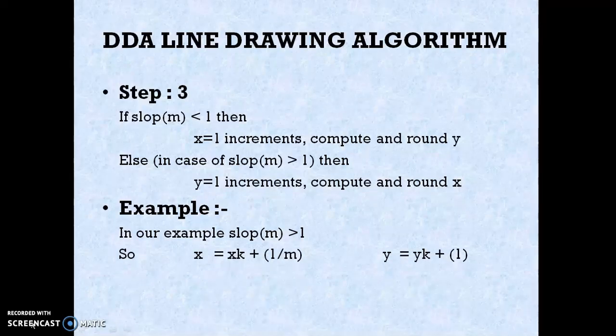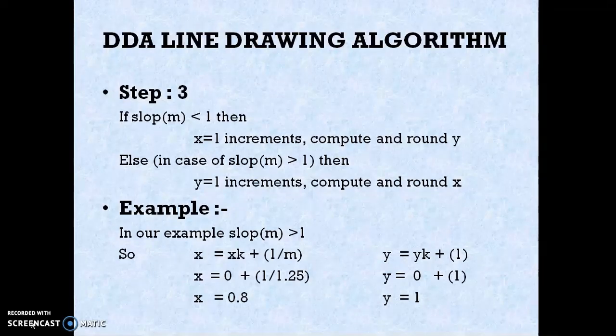So x of k plus 1 is equal to x of k plus 1 divided by m, and y of k plus 1 is equal to y of k plus 1. Now we are putting the values and we get x is equal to 0.8 and y is equal to 1.